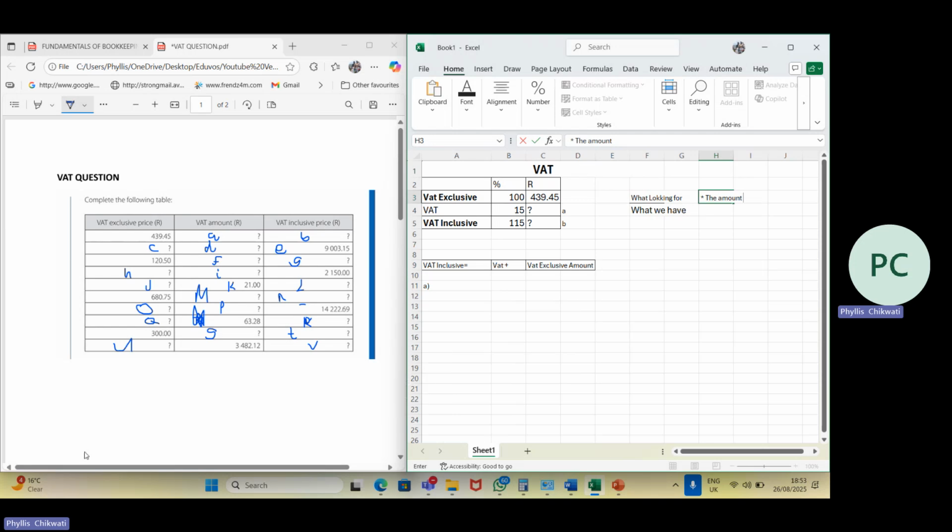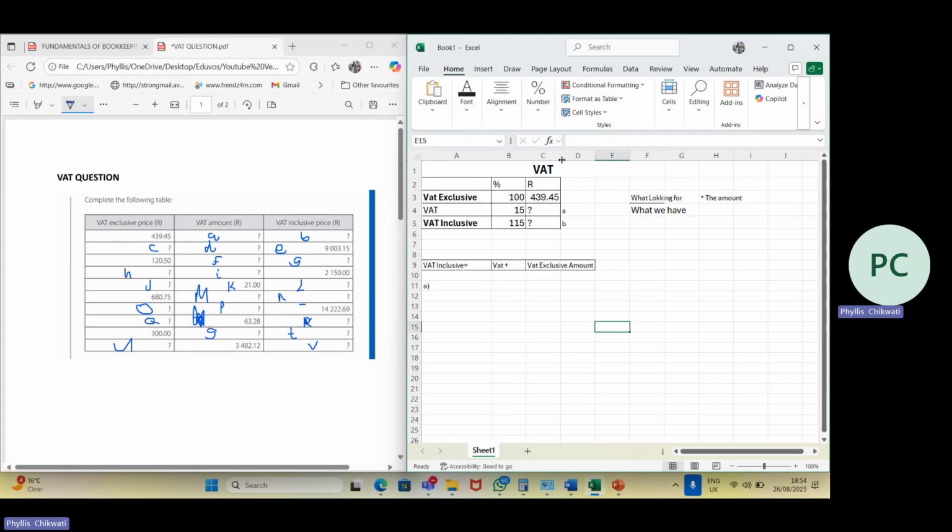So in this scenario, we are looking for part A, that is our VAT portion. But we already know that this line is complete. So you need to look at the vertical line that is complete, because actually this is easier. We already know that this is 15%. It is guaranteed that this is 100%. Why? Because our VAT is calculated on the exclusive amount. And for us to get this one, we just add the two.